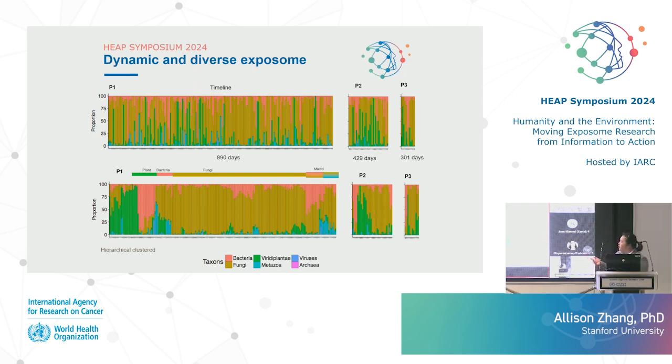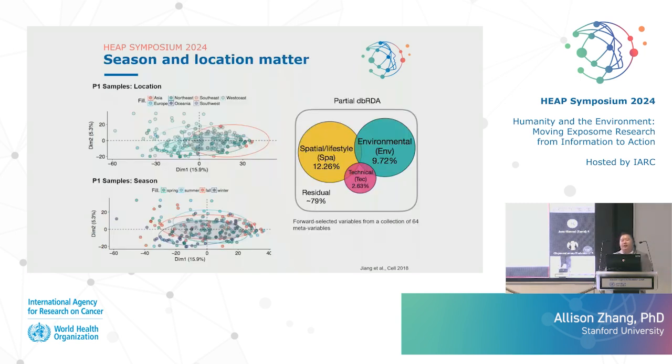If we cluster the exposome composition by the dominant taxon, we can see some of those days are amber, so they are fungi-dominated days, some are red, which are bacteria-dominated days, the green ones are plant-dominated days, and some of the days are mixed. So we can see that the composition of the exposome is very diverse and dynamic. We next want to investigate what's causing the variance in all those exposome compositions.